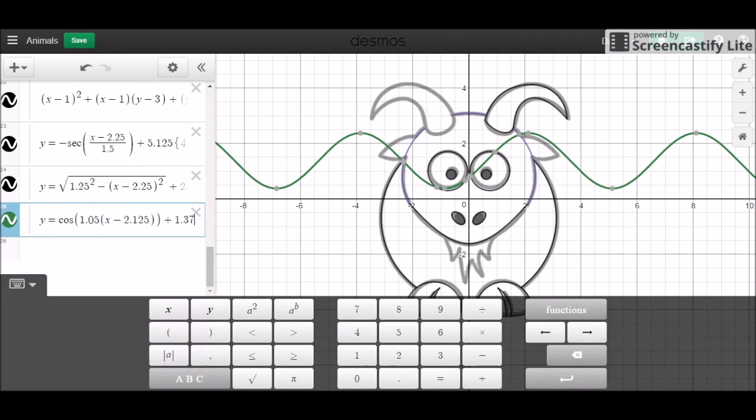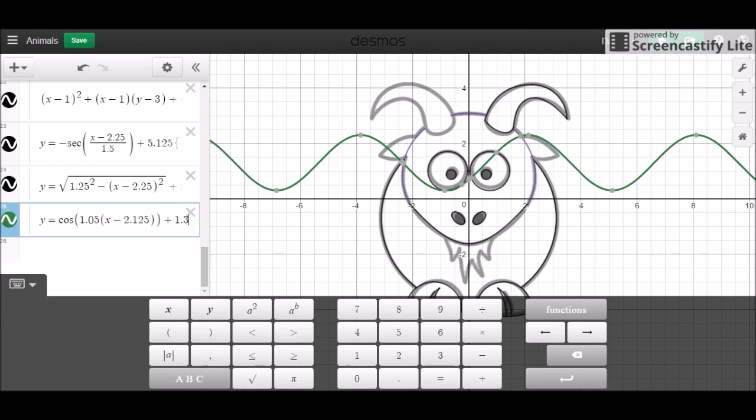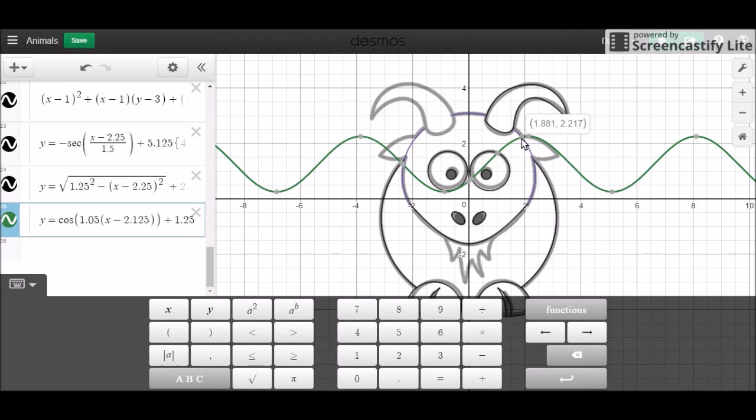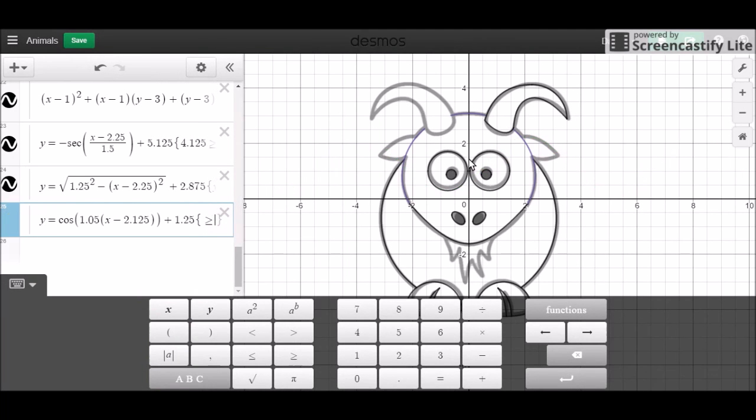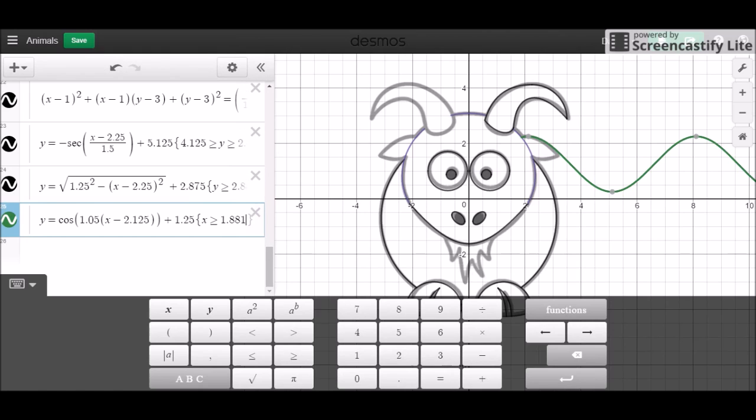And this one should be brought down by a little bit. 1.25 seems to work out the best, and we'll just make it x is greater than or equal to 1.881. And that's for this line down here.